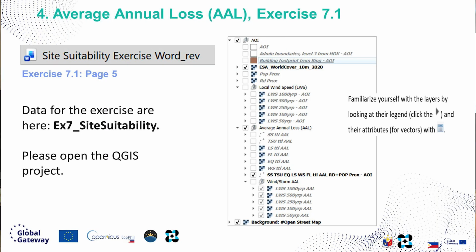And according to the slide, familiarize yourself with the layers by looking at the legend. Okay, you can click the expand button so you can see the layers inside some layer groups. Ayan, so you can check that.